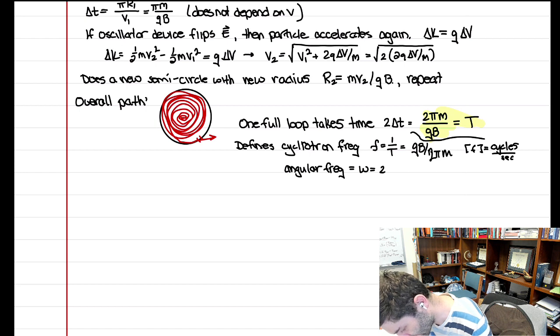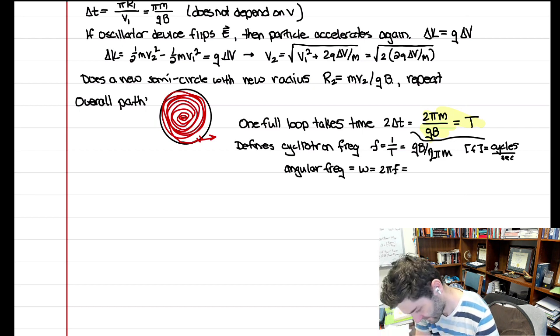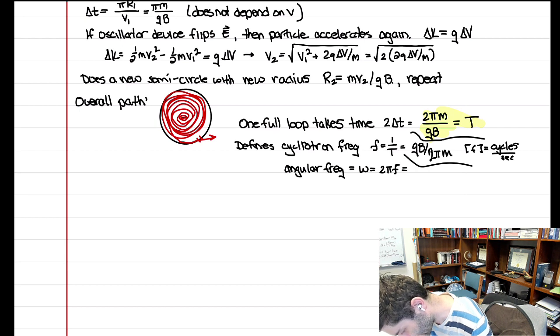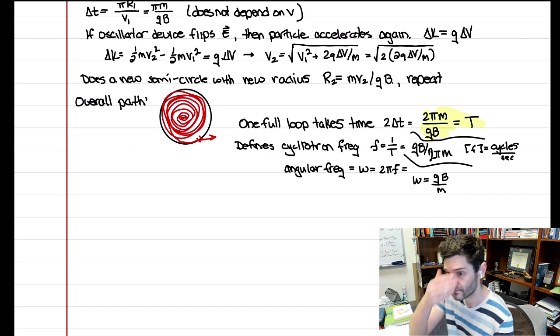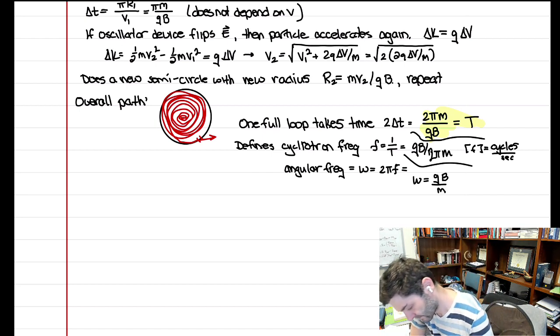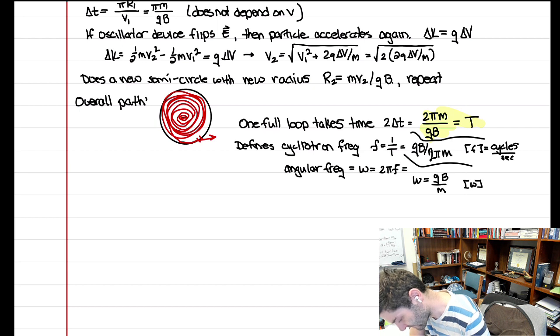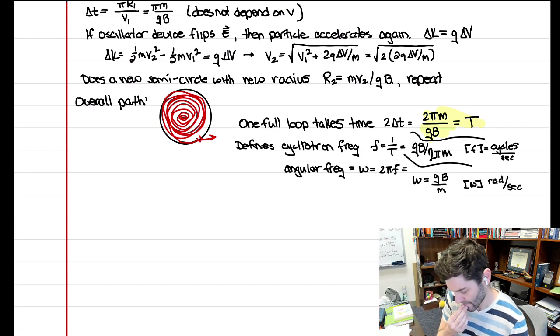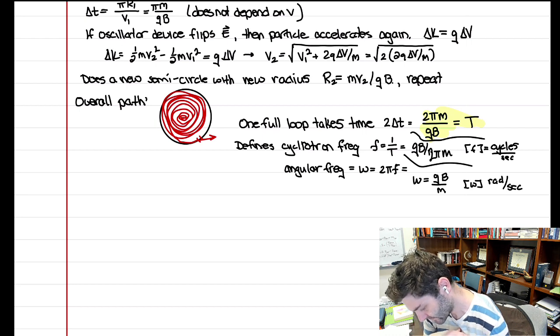So there's 2 pi radians per cycle, so the relationship is just 2 pi f is omega. So the cyclotron frequency then is just, the 2 pi's cancel, qB over m in this case, which has units of radians per second, or whatever you use.